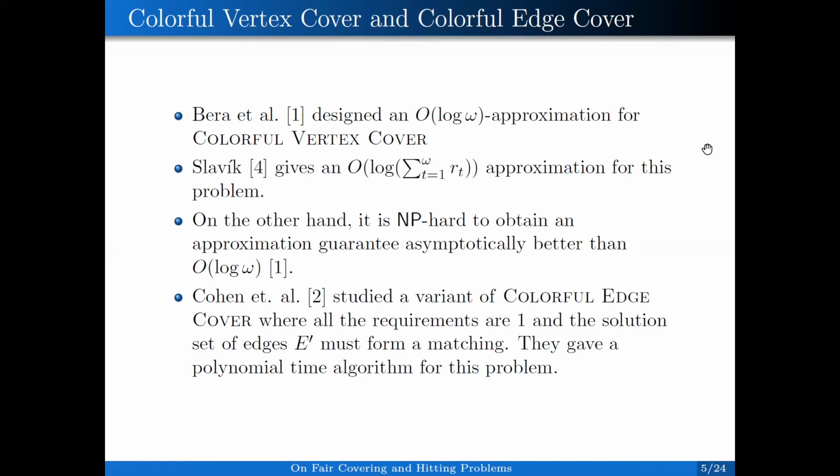Slavik gave a different approximation algorithm where the approximation factor depends on the summation of requirements over all colors. And indeed, colorful vertex cover is hard to approximate within a factor asymptotically better than log omega. So the log omega approximation by Bhore et al. is indeed tight.